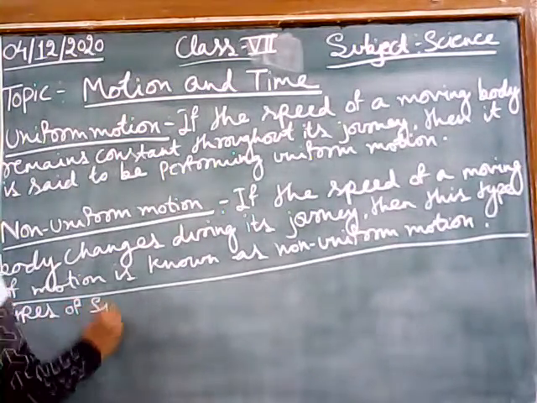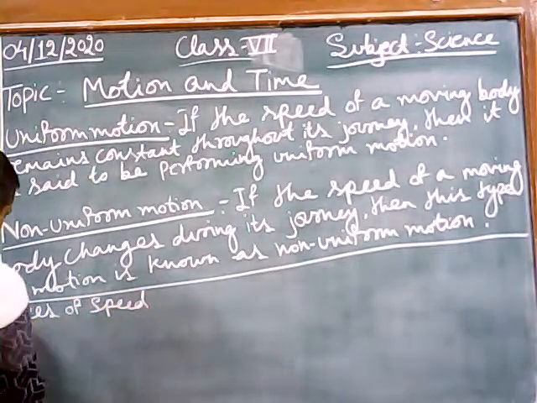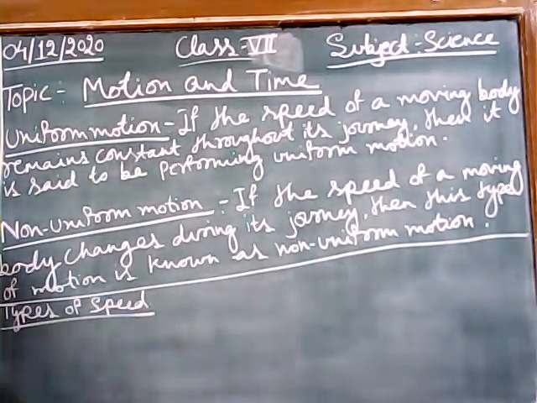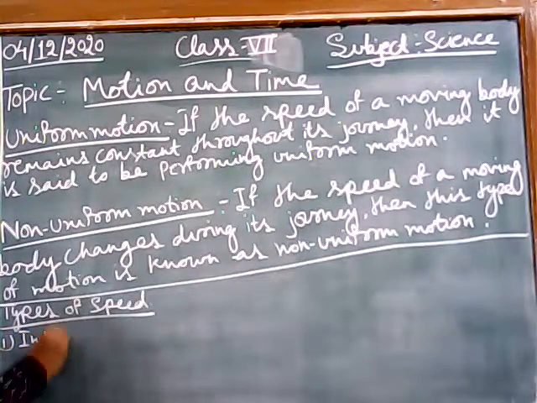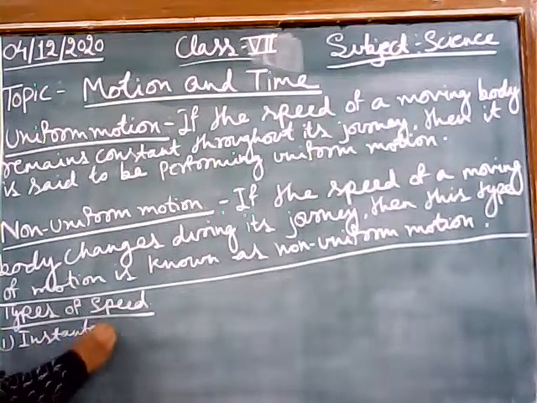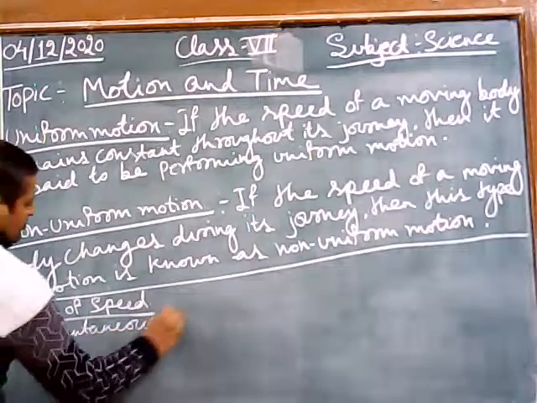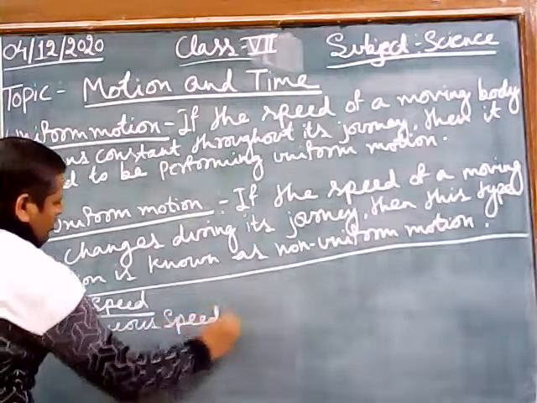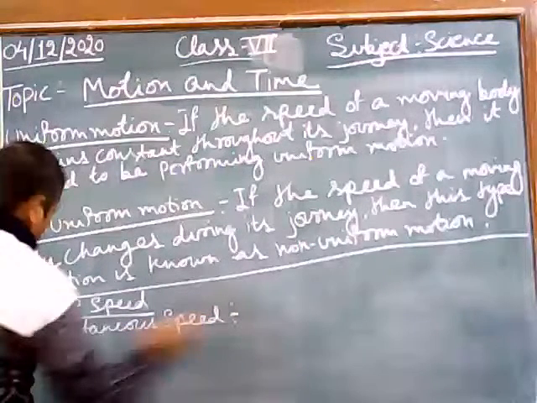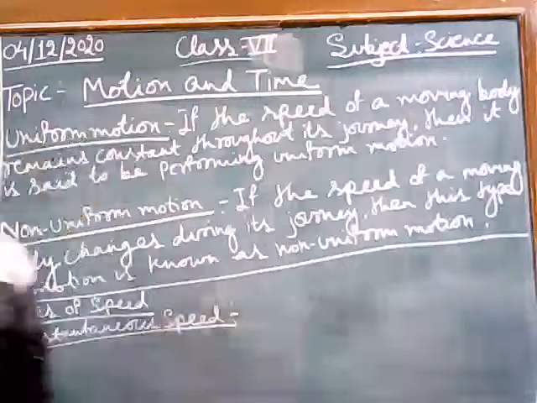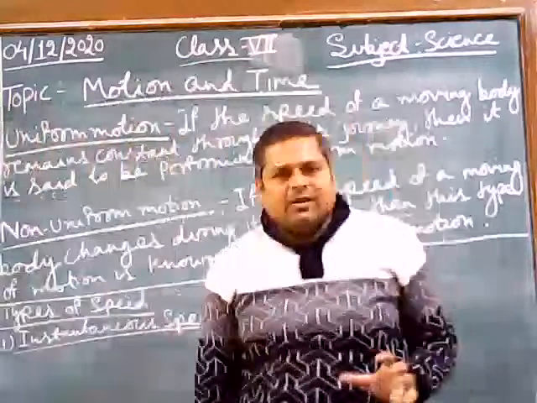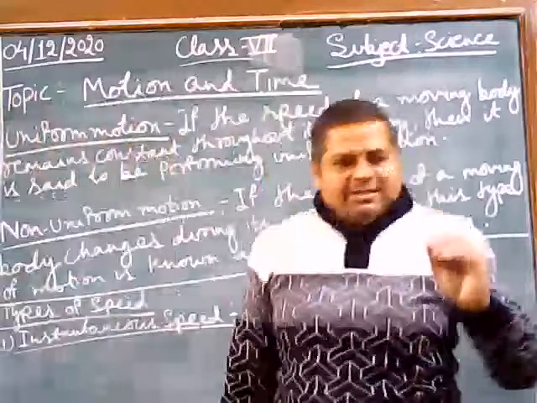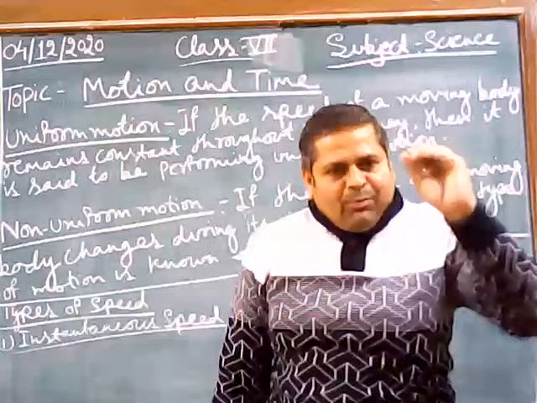Types of speed. One is instantaneous speed. Instantaneous speed is the speed at a moment of time.